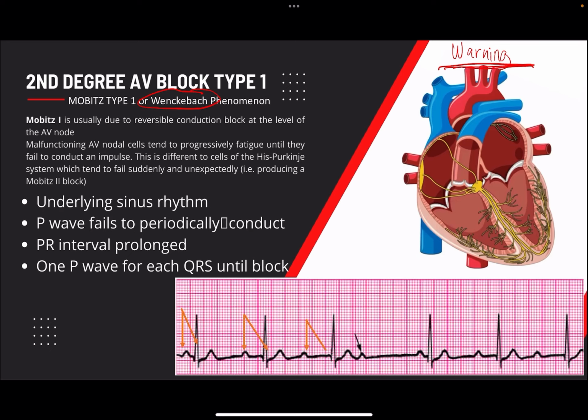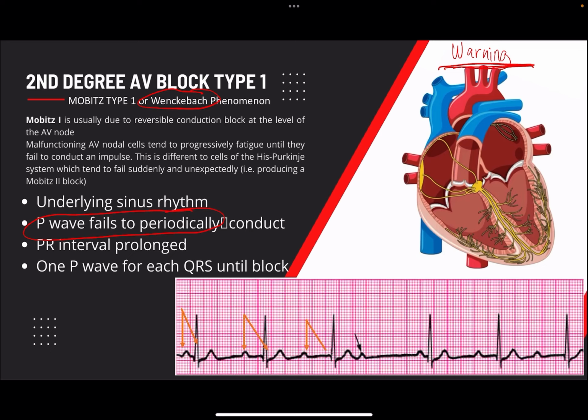You know that at one point your QRS would go missing. The problem here is your AV nodal cell is malfunctioning and it tends to progressively fatigue until it fails to conduct an impulse. So the P wave fails periodically to conduct QRS.